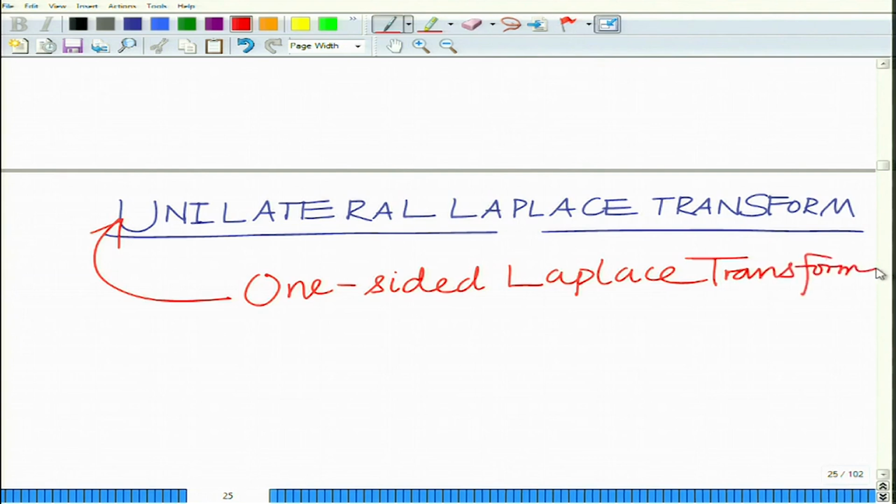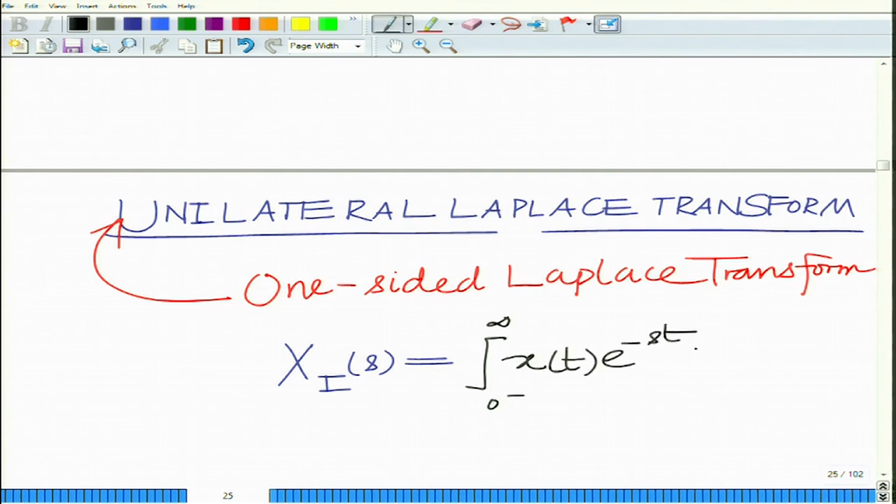can be defined as follows, that is X_I(s) equals the integral from 0 minus to infinity of x(t) e raised to minus st dt.